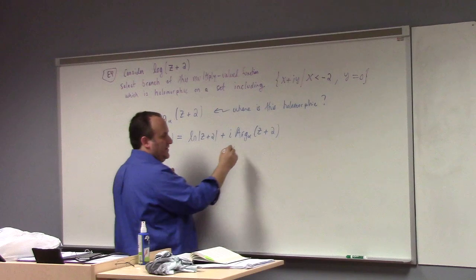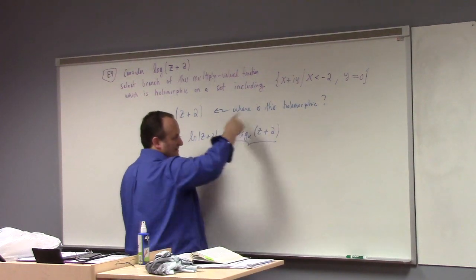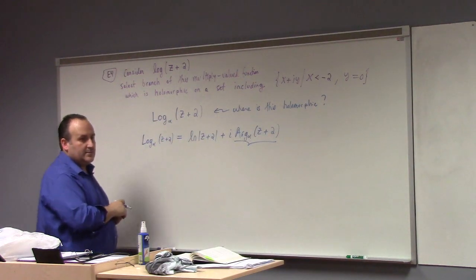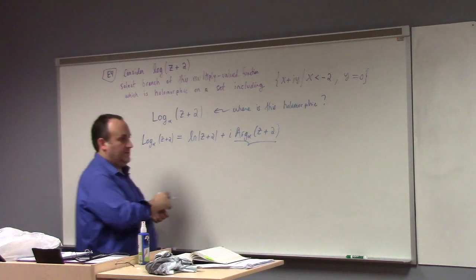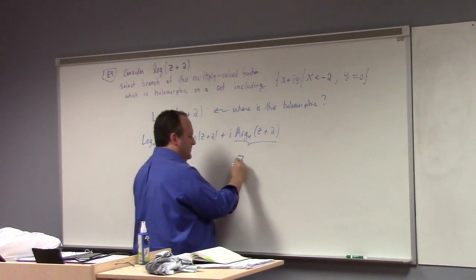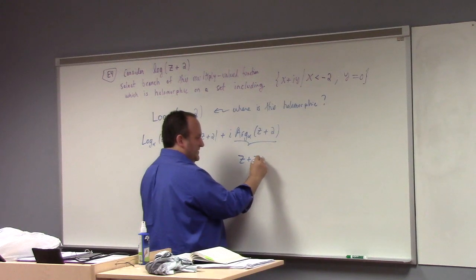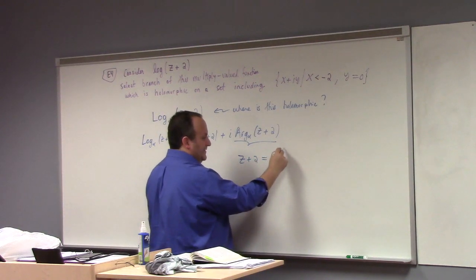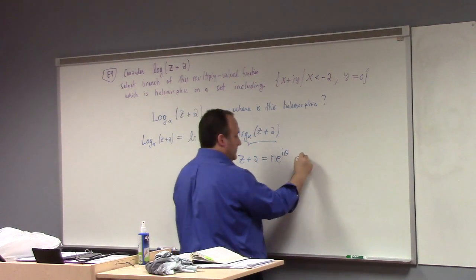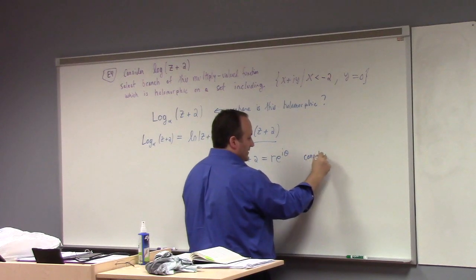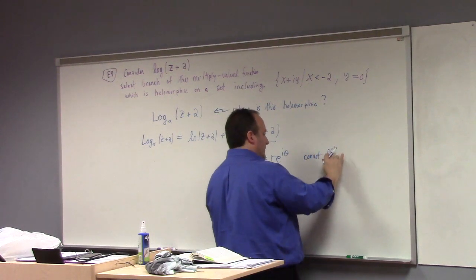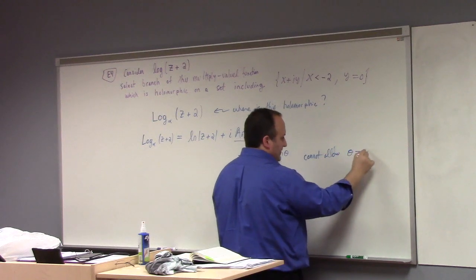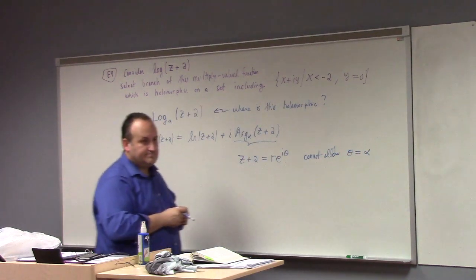More to the point, where is this discontinuous? Right. So Shane, I think what you're saying was, if I said this is equal to r e to the i theta, we cannot allow theta equals alpha, right? That's the trouble.